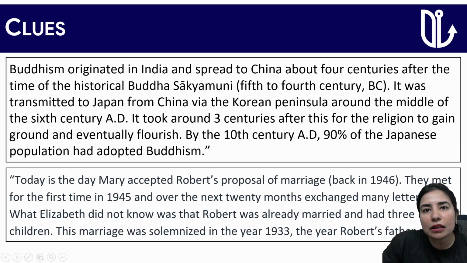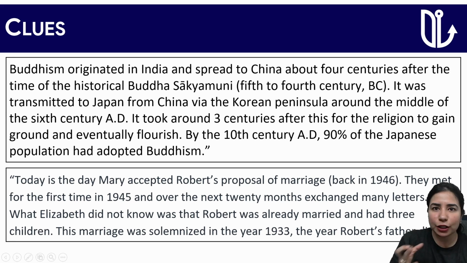Take a look at the next one. Today is the day Mary accepted Robert's proposal of marriage back in 1946. So they're going back now. They first met in 1945, then they exchanged letters. What Elizabeth did not know was that Robert was already married. Again, the previous history: the marriage was solemnized in 1933. So we are going back.